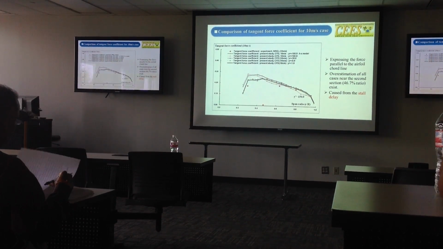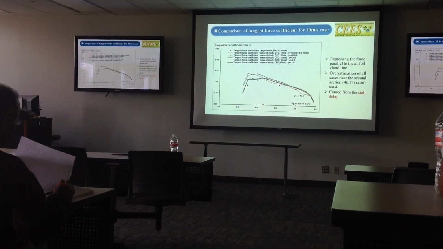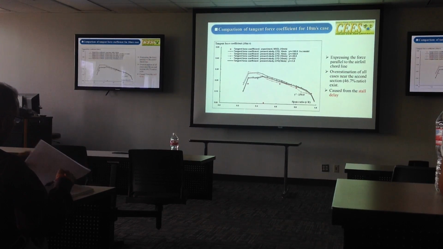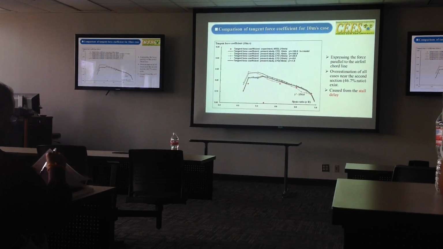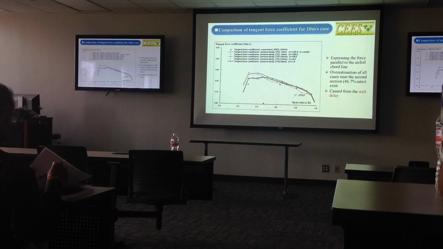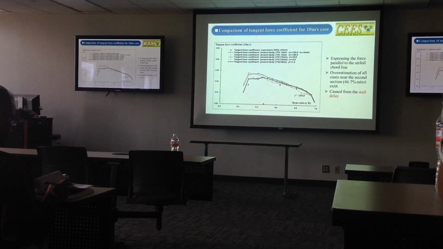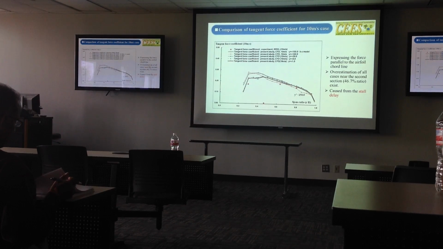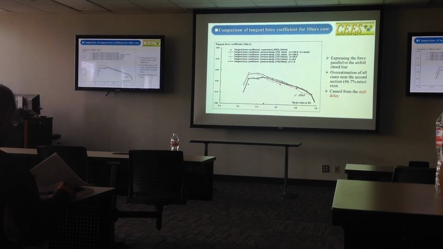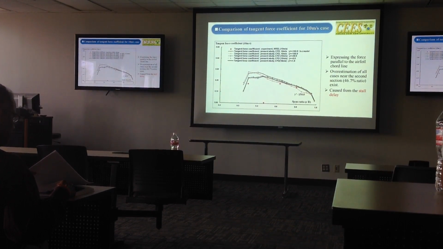And we also compared with the results from other authors. The main difference happened in this part, around the 46 section, the second section of the wind blade. All the simulations overestimated the result compared to the experimental data. Many researchers have found the reason.